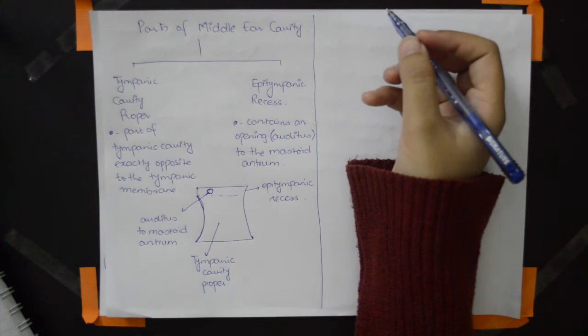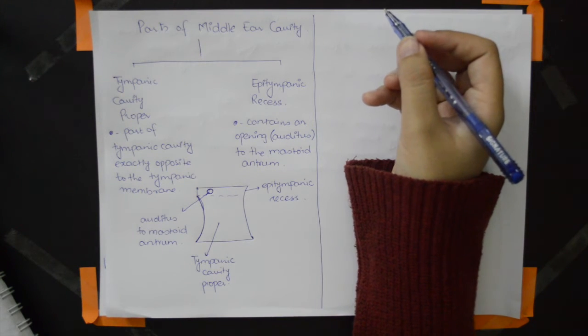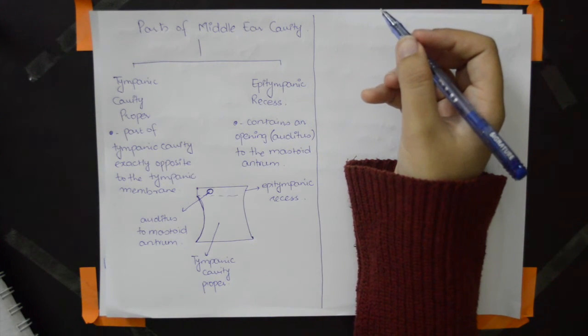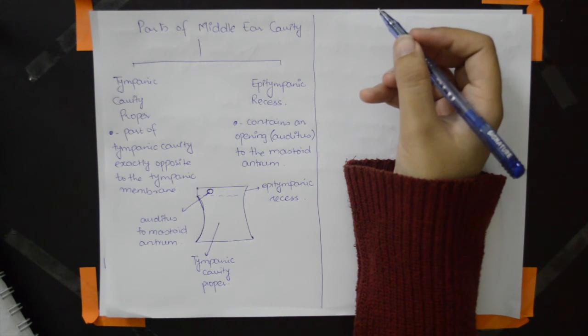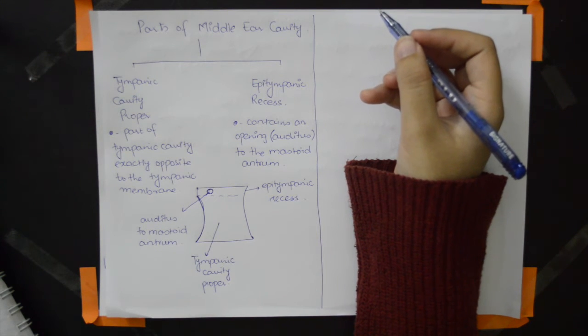What is the function? If you want to write it down, you can. What is the function of the middle ear? The middle ear transfers mechanical energy to the cochlear tube. That is the function. The mechanical energy is the sound waves that come in, and they are transferred in the middle ear to the cochlear tube.